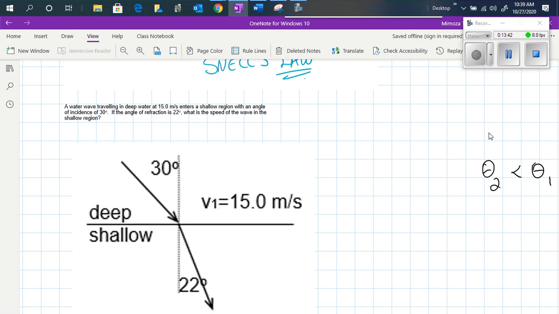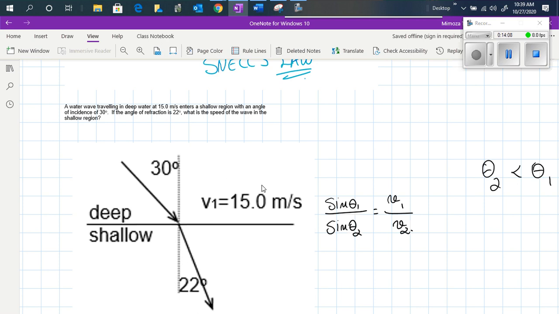And we will see even here what we said in terms of the velocity. So now we will take Snell's law: sine theta 1 over sine theta 2 is equal to V1 over V2.